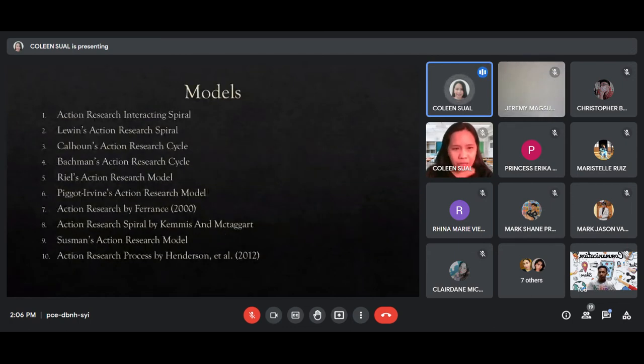I have here the other research models because your next assignment, you will illustrate and describe the research models. But what you will submit on Saturday, the research topics, and describe each research topic in 2 to 3 statements. What I am showing you right now are 10 research models.